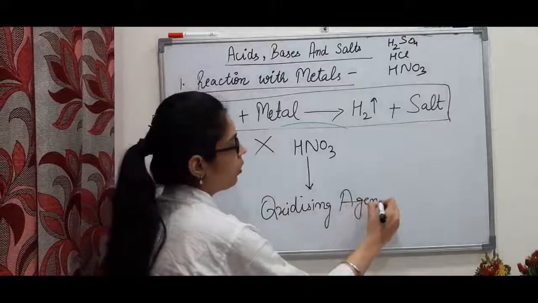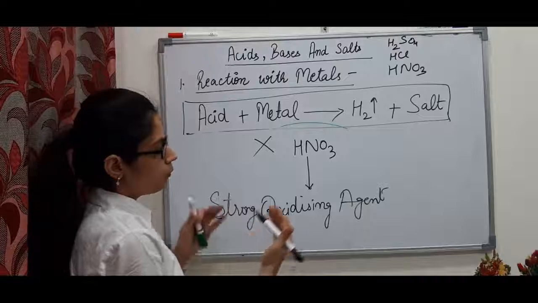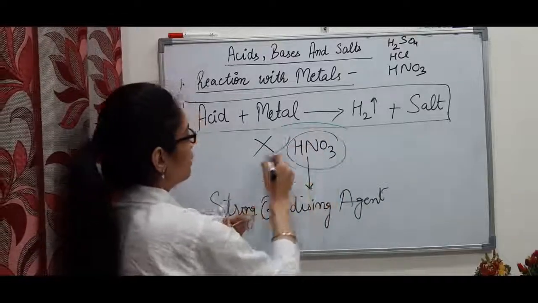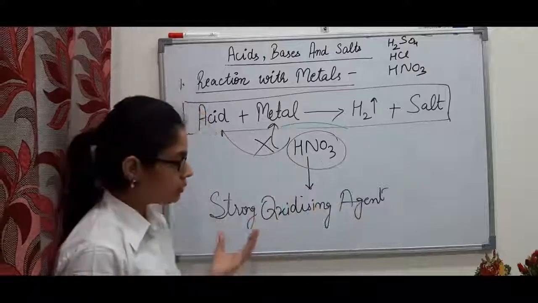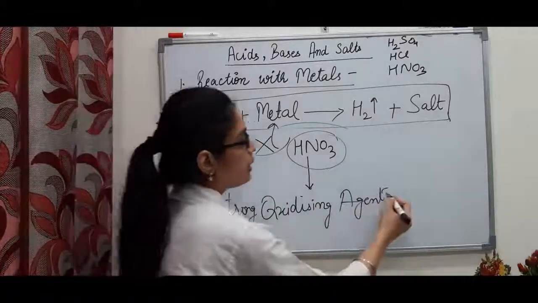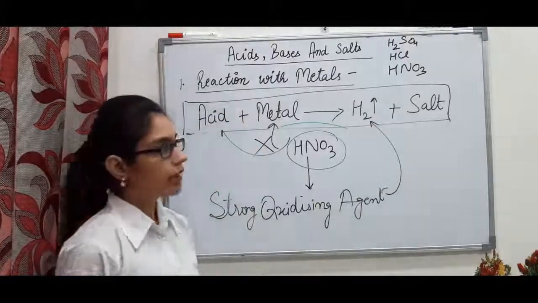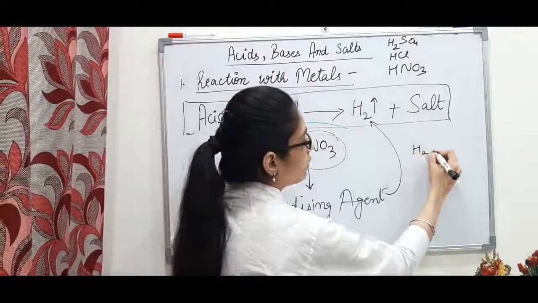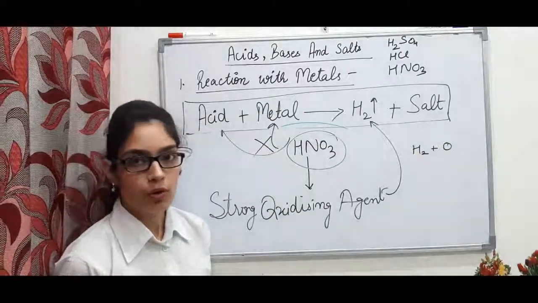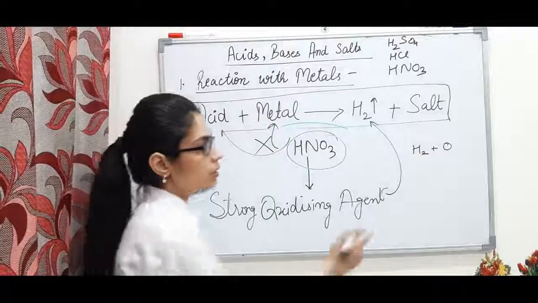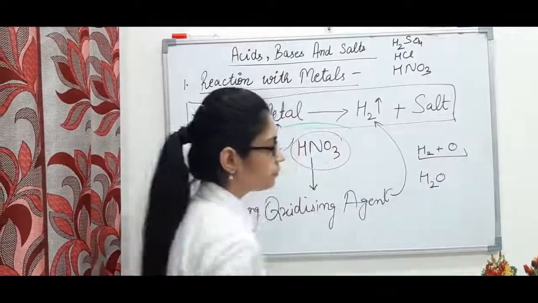So it is a strong oxidizing agent, we can say. So what will happen once this reacts with some metal? HNO3 being a strong oxidizing agent, it will oxidize this hydrogen gas. Oxidizing hydrogen gas means in hydrogen gas there will be addition of oxygen, and we all know addition of oxygen is oxidation. Due to this addition of oxygen, it will form water.